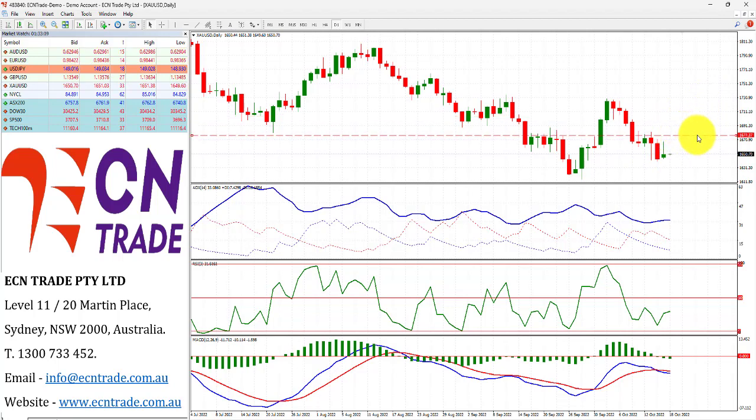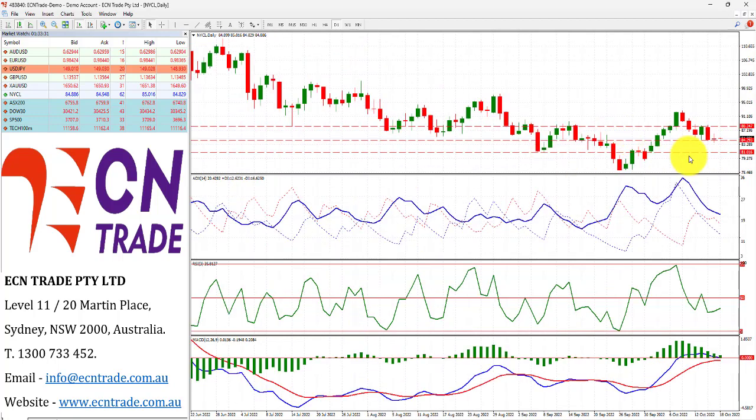So somewhere around this region needs to be cleared to get any further scope for a rally to 1,700 and 1,730. In light of the pattern, the market is still somewhat negative, and that could give us further indication that this inverted hammer may not come through to support any further gains, and therefore we could look back towards the bottom side of the range, which is seen at 1,621 to 1,624.